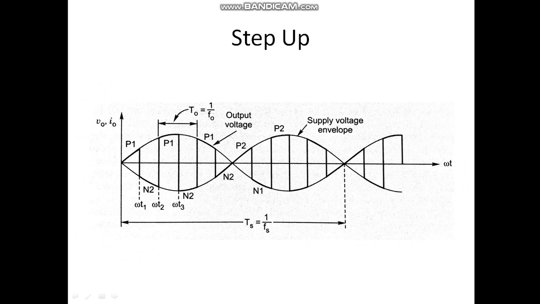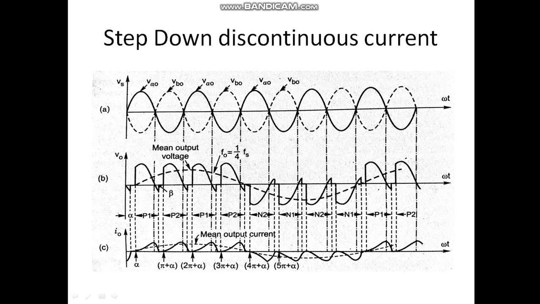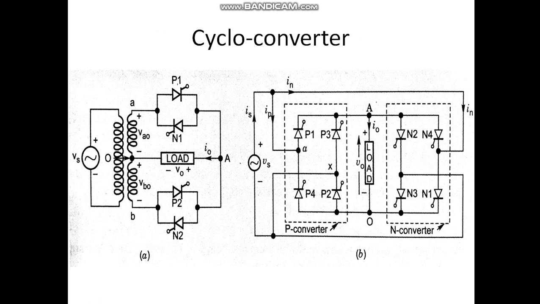Okay. Coming back. So till here P1 will conduct. Now when B becomes positive with respect to 0, when terminal B becomes positive with respect to 0, then P2 will start conducting like this. Are you getting? So here in our case, after P1 P2, wait a second.